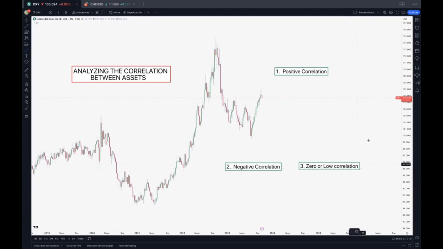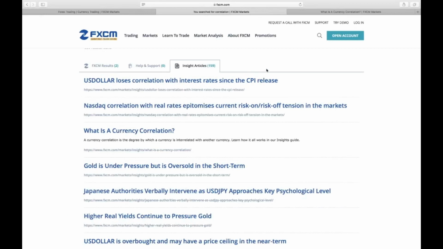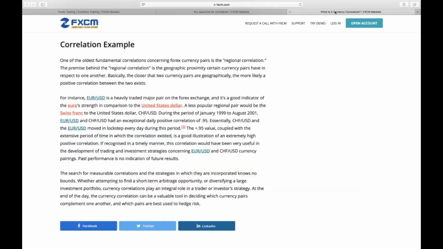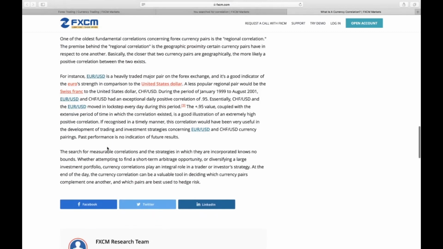Let's start by talking about the positive correlation. And in order to do that, I have a great example for you from the article I was telling you about before. We have a part where it says correlation example, and let's check it. It says, during the period of January 1999 to August 2001, EUR/USD and CHF/USD had an exceptional daily positive correlation of 0.95.